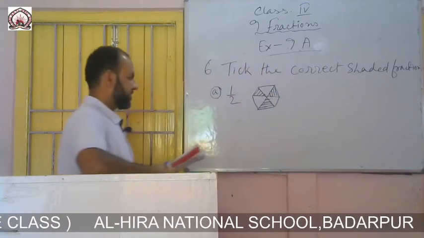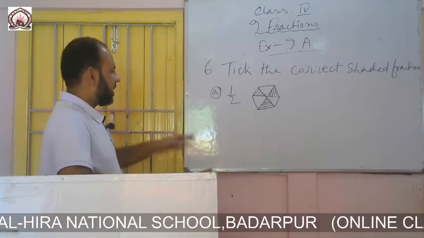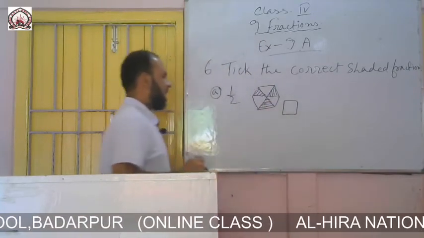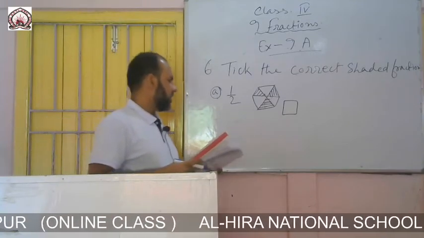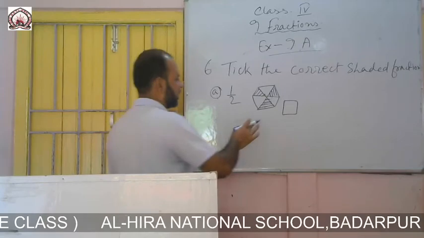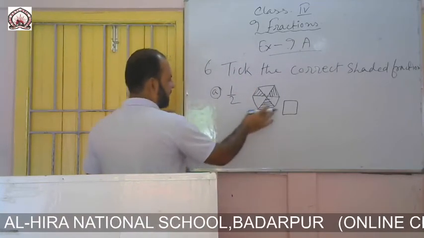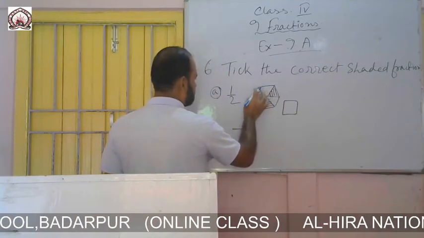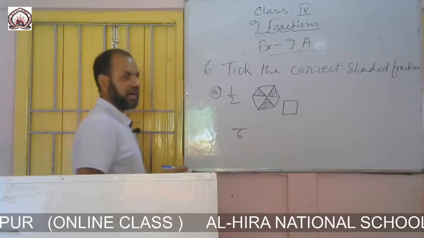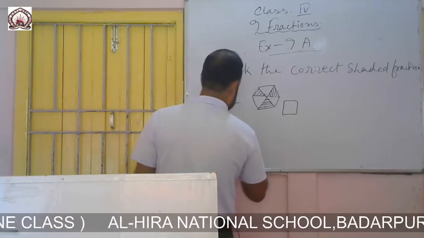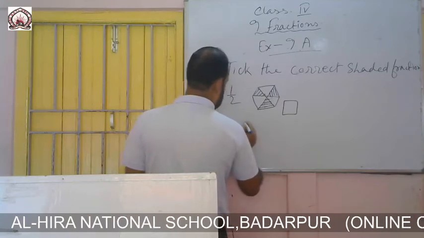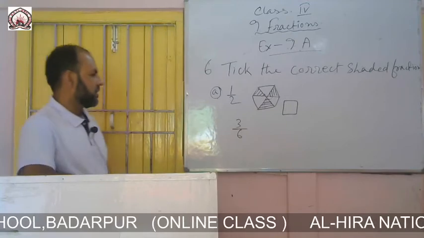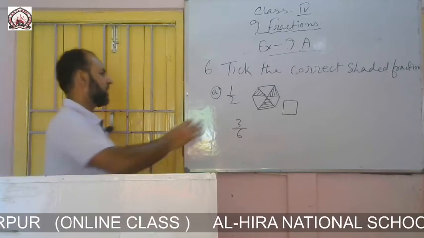But here written what? Half. Here written half portion is shaded. So is it correct? First we write how many parts are there. There are total 1 2 3 4 5 6 parts. Out of 6, 3 are colored. Here we got 3 by 6, but here given half.